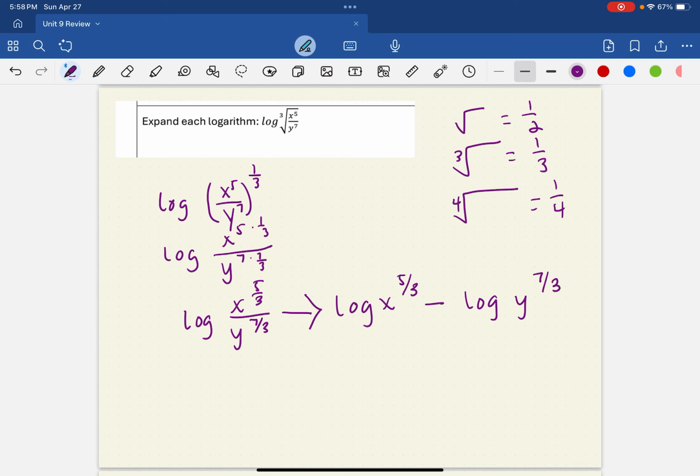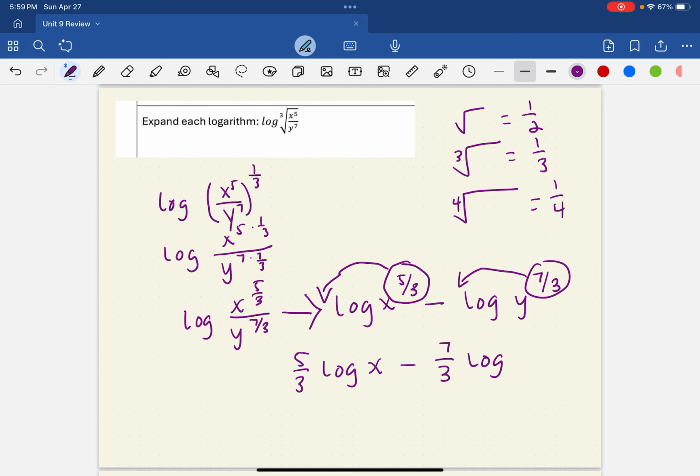Okay, now we've got power rule, which tells us move those out front. So 5/3 log x minus 7/3 log y. And that is my final answer.